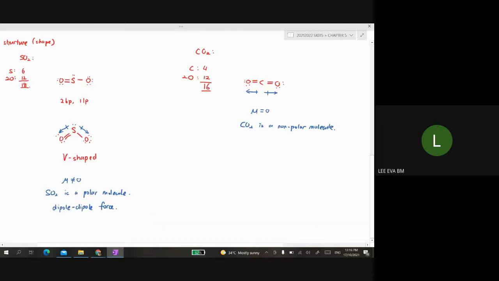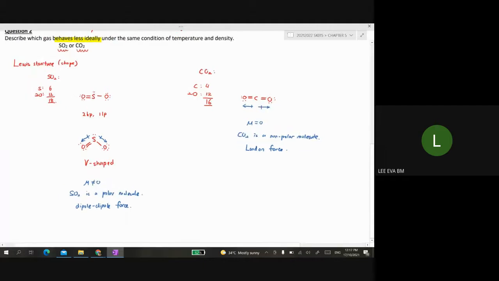So for a non-polar molecule, we have only one type of force, and what is it? London forces. London forces. Sampai sini boleh ikut tak? Boleh. Clear ya?